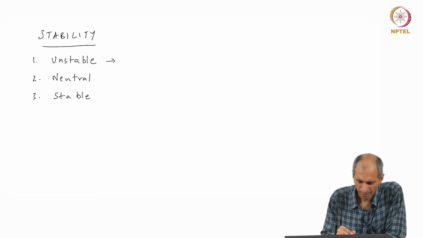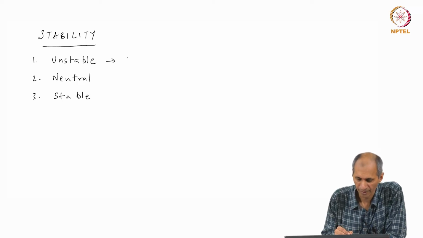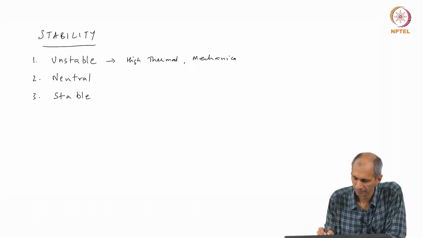So unstable conditions, essentially the main conditions under which an unstable atmosphere exists is we have high thermal and mechanical turbulence. High thermal, what we call is the adiabatic.